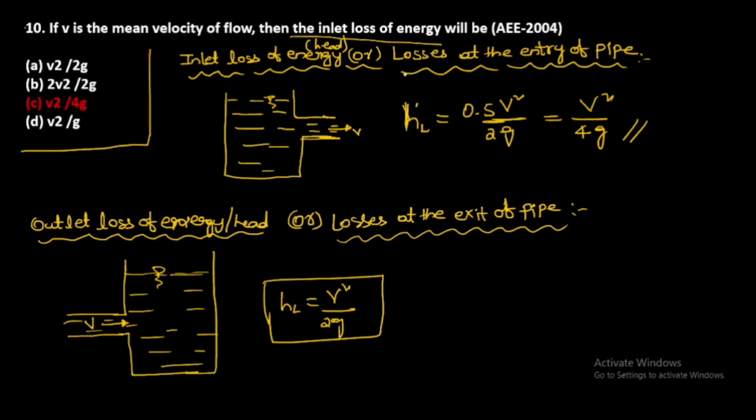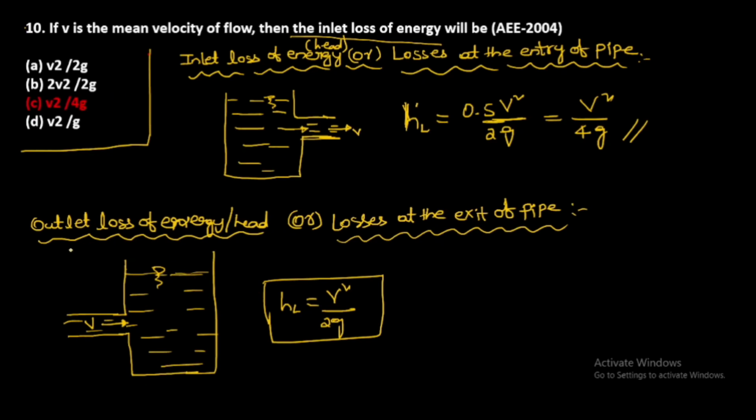He may change the language like this also: losses at the entry of the pipe. Why entry? Suppose this is a reservoir, and liquid is entering into the pipe, so it is entry of the pipe or inlet loss. So the expression is HL is equal to 0.5 V square by 2G, which can be written as V square by 4G.